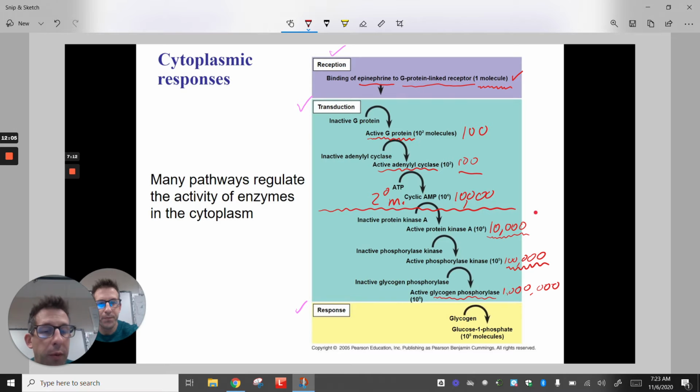So at this point, we have 1 million molecules of this final protein that have been activated, and our signal transduction pathway is kind of done. Now we're going to use these 1 million molecules to elicit some kind of cellular response. So we started with 1 molecule of epinephrine, and we have amplified that signal into 1 million molecules of something known as glycogen phosphorylase.